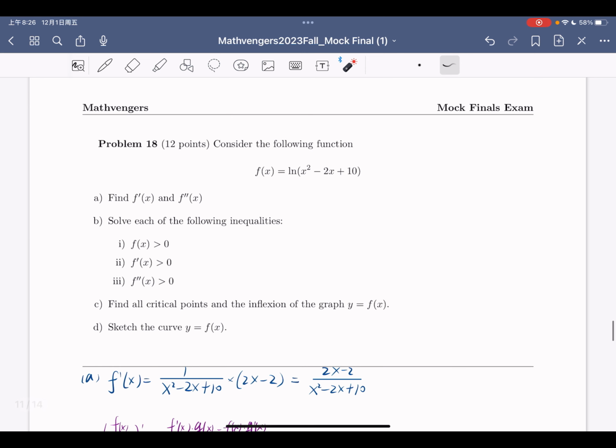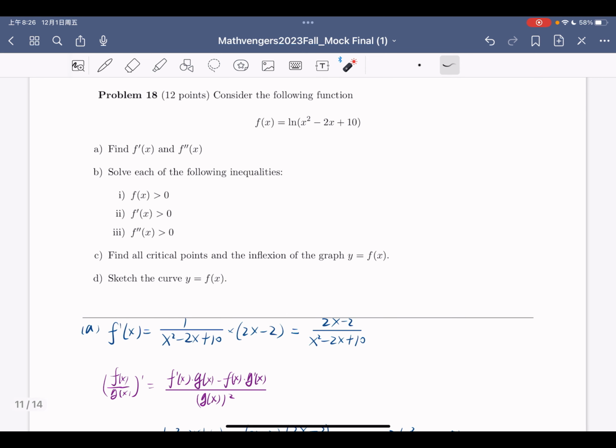This shows that for this function, we just have one local minimum, and we have 2 points of inflection.